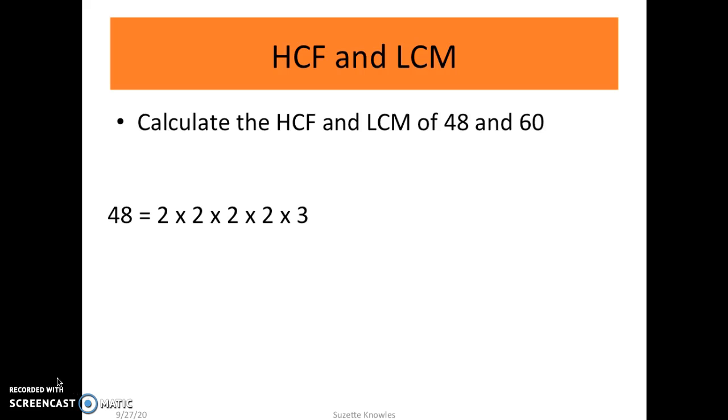All right? And then we want to end by calculating the HCF and the LCM of 48 and 60. We've started it here. We want you to complete it.